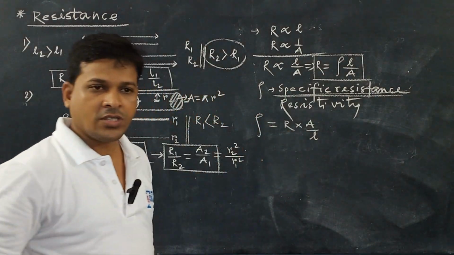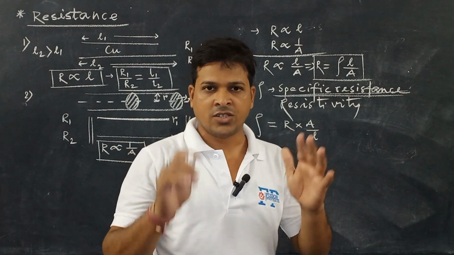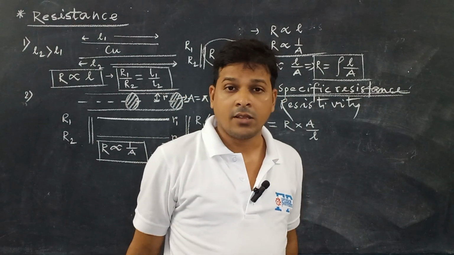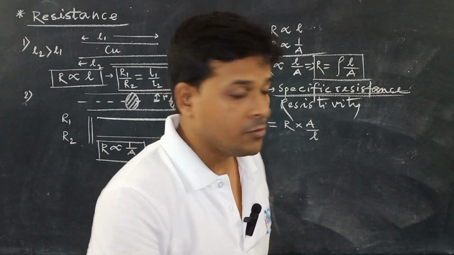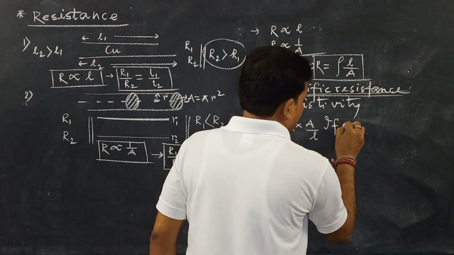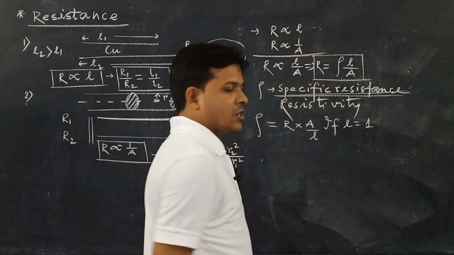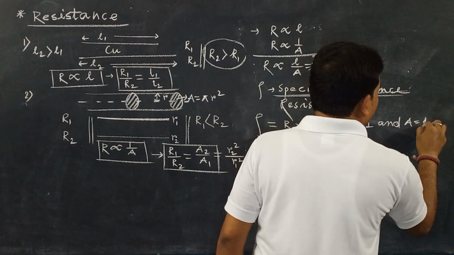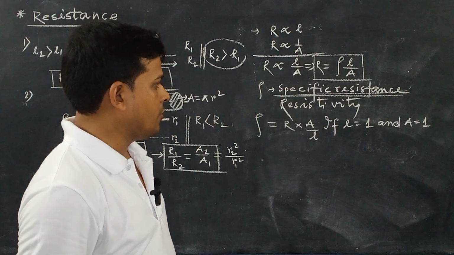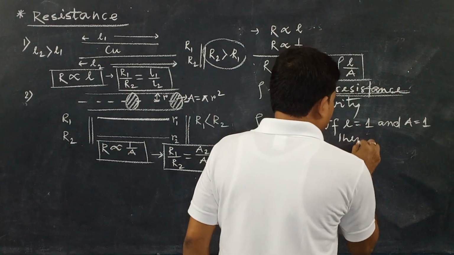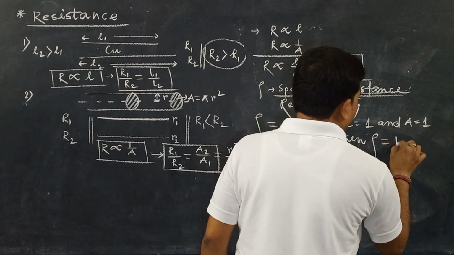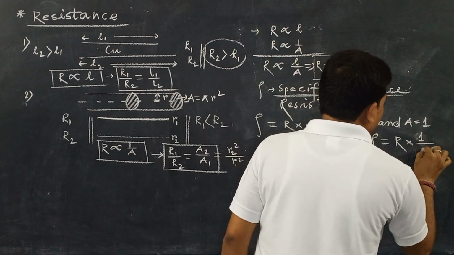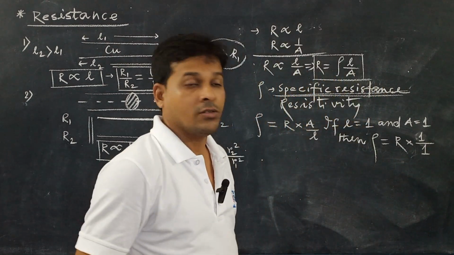To define a physical quantity related to some other physical quantities that can be described with the help of a standard relation, first we have to make the denominator 1. If L equals 1, for unit length of the conductor, and A equals 1, for unit area of cross section, then the resistivity of the material will be the resistance offered by the conductor of unit area of cross section and unit length.